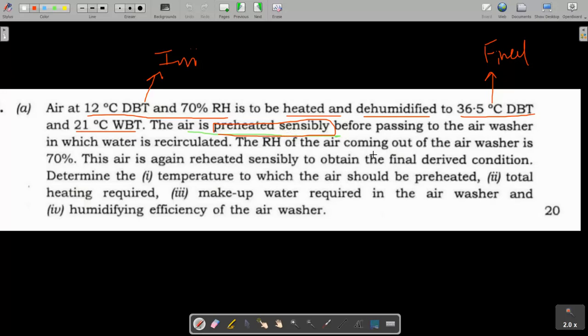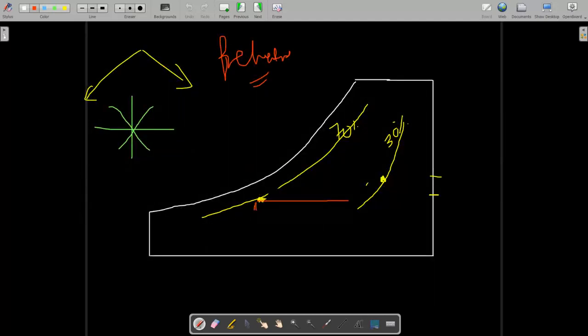The relative humidity of air coming out from the air washer is 70%. So initially this is 1 and this is 2. If you locate the point and find the relative humidity, it is around 40%. So we humidified it again to 70%. We have added some moisture, so that's why the humidity is higher.